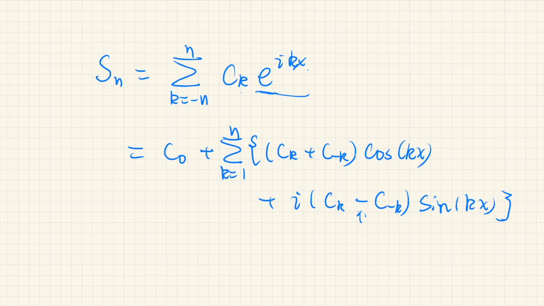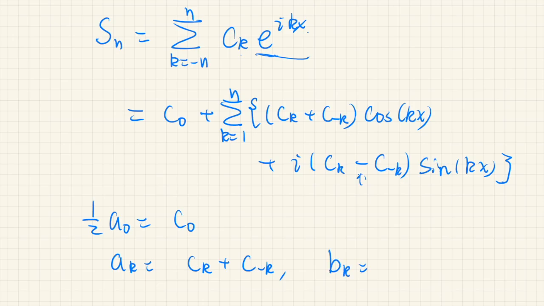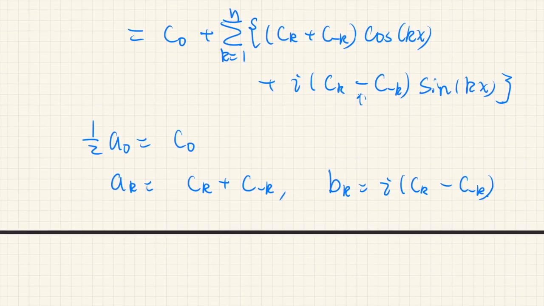And so if we define 1/2 a0 to be c0 and ak to be ck plus c minus k, and bk to be i times (ck minus c minus k).